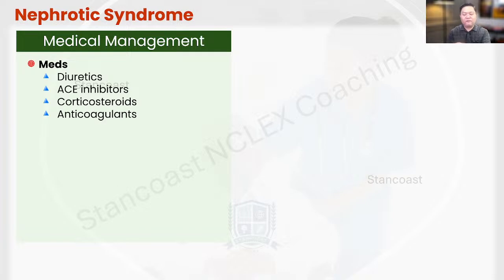And so if the patient is complaining of, let's say, flank pain, well, that is not a good assessment finding. If the person is complaining of flank pain and they have an established diagnosis of nephrotic syndrome, this is not going to be about pyelonephritis, because pyelonephritis is a totally different entity.